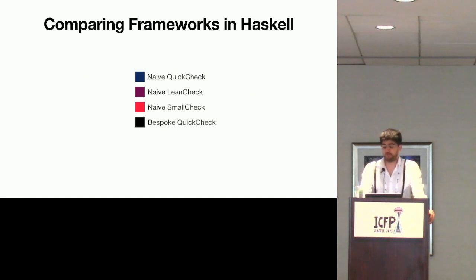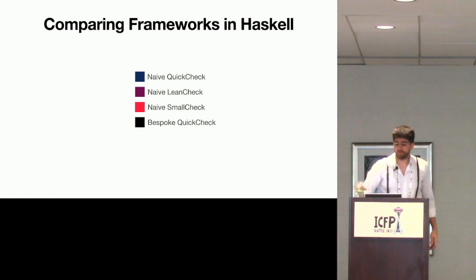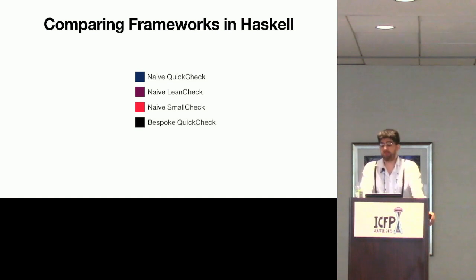The first experiment we have is comparing frameworks in Haskell. So here we have three frameworks and four generators. Two of the generators come from QuickCheck. One is the naive type-based generator that is automatically derived from the type information in Haskell.